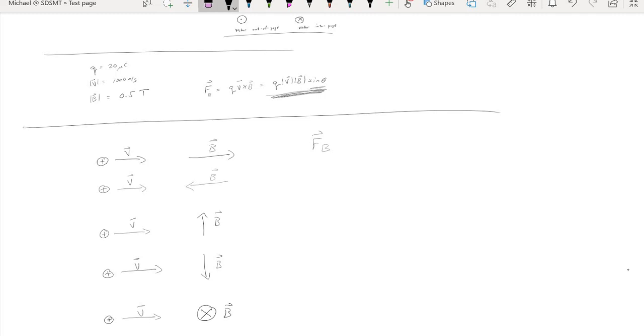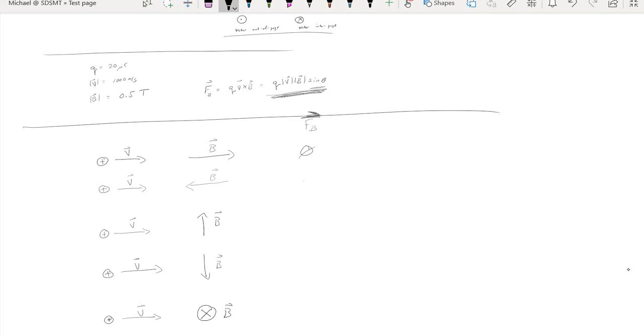So I would get 0 force. I would have no magnetic force acting on that charge as it moves through that orientation of magnetic field.